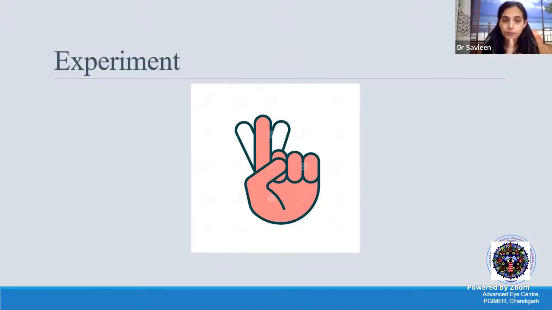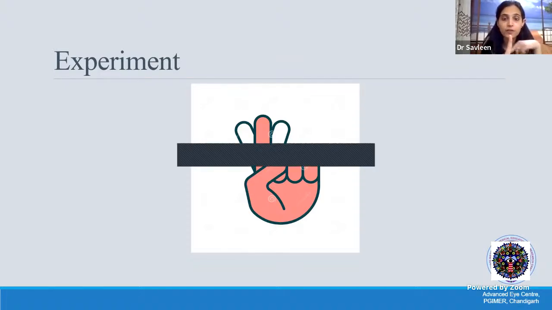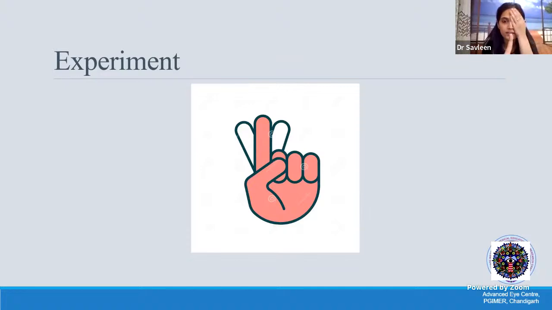So once again, try looking at your screen and at the same time, try to add one finger in front of your eyes and try fixating at the PC. Once you are looking at the screen, this finger is going to appear double. Try closing one eye. If you close one eye, you will observe that one of the two images of the finger that you see goes away.